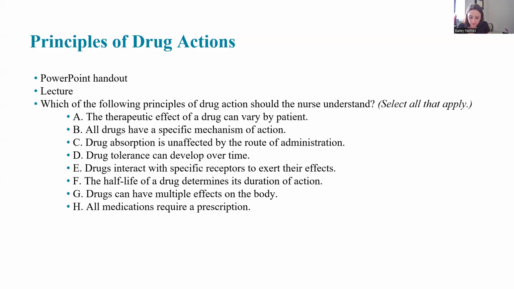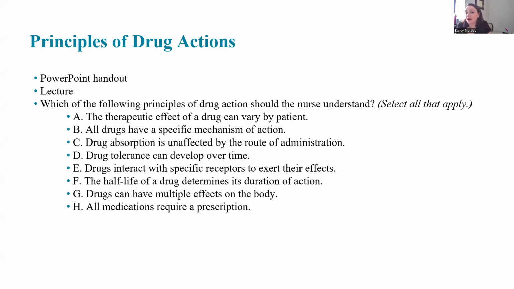Is that true? Absolutely. All drugs have specific mechanisms of action. That is true. We do know how they work. We may not know down to which receptor it works, but we have a vague idea. And they all work differently, right?